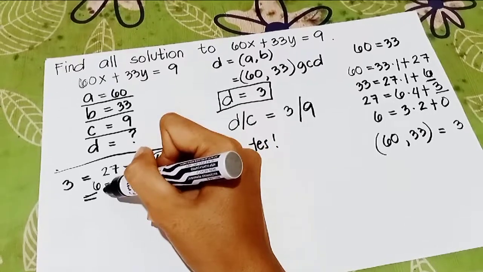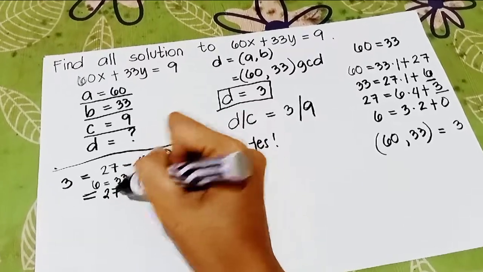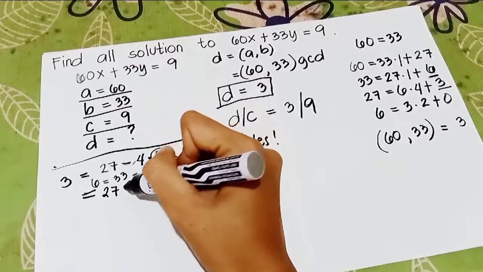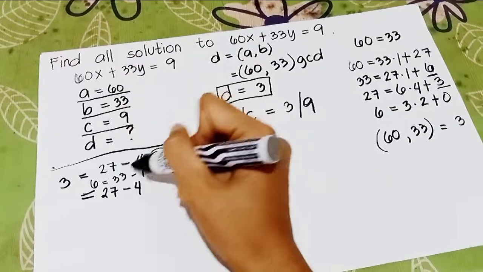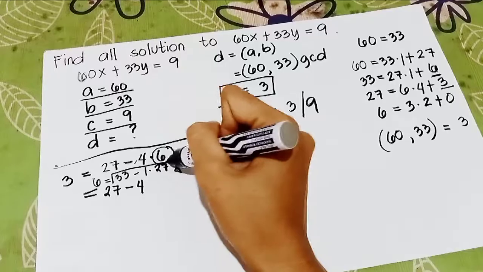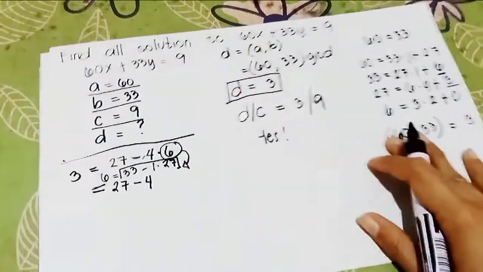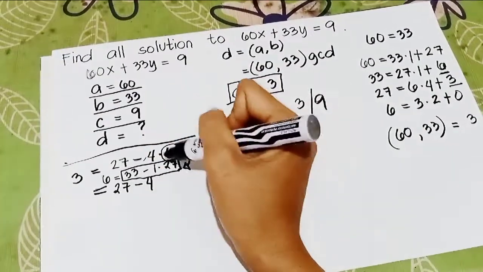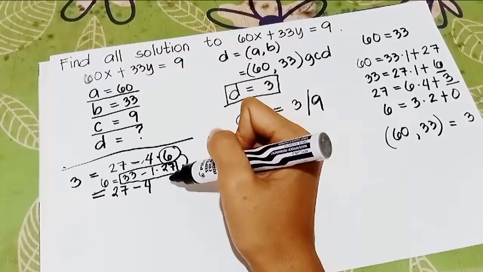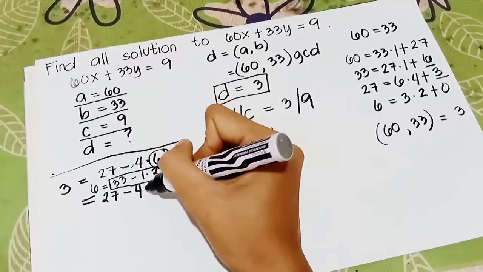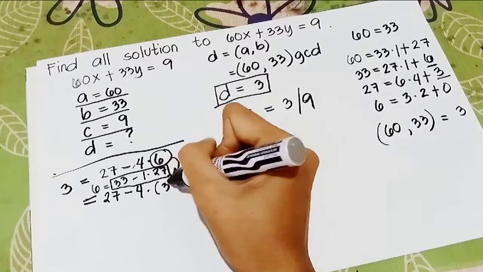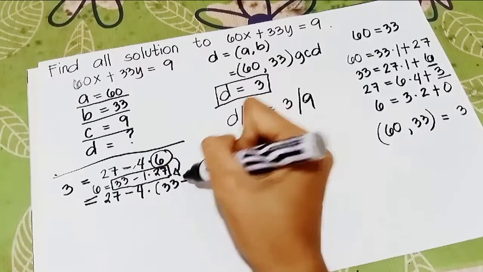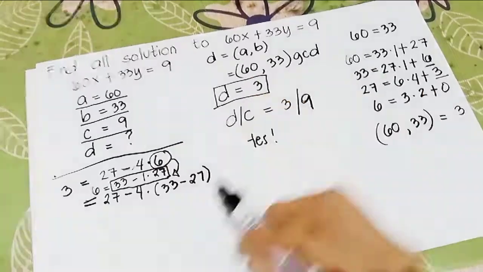So, let's copy 27, minus 4. Then, here, the value of 6, which is 33 minus 1 times 27. So, it will be 33 minus 27.